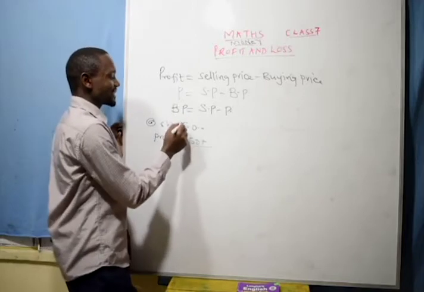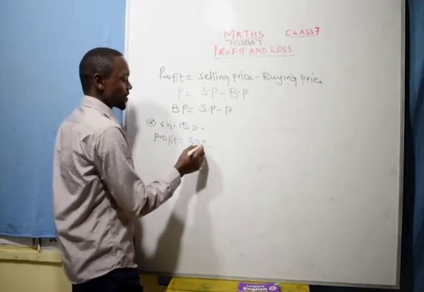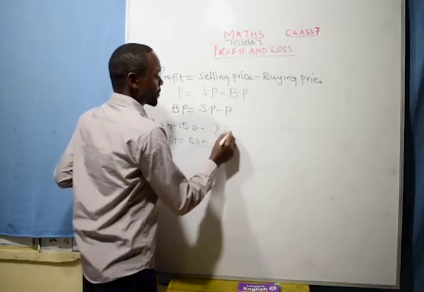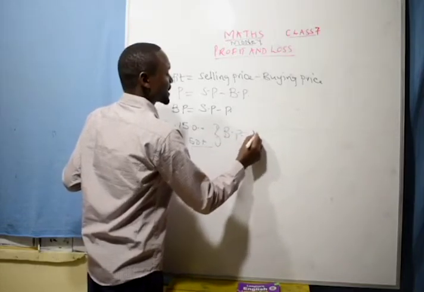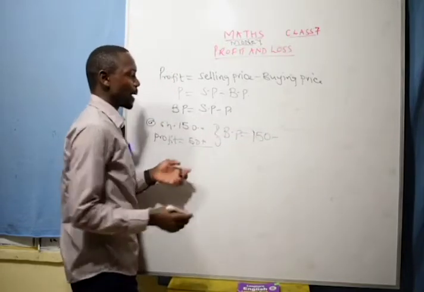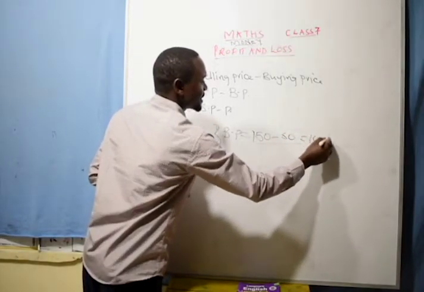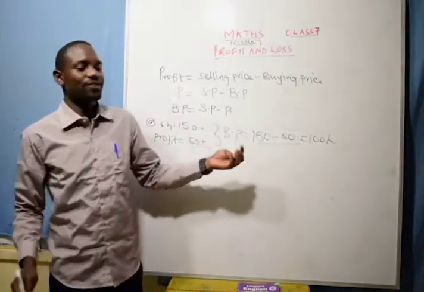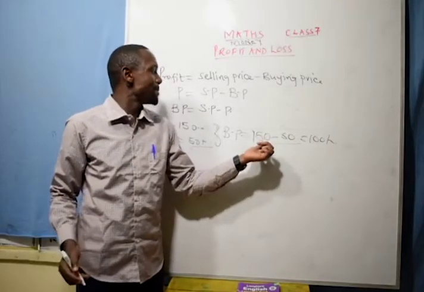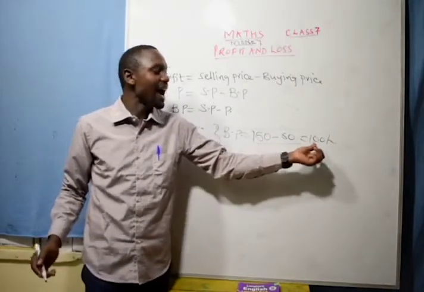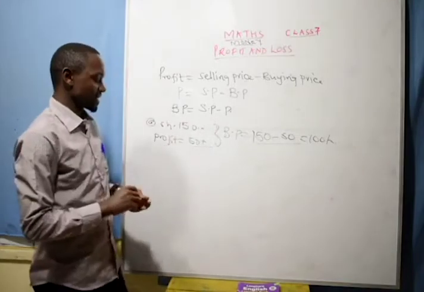We say the buying price is the selling price minus the profit. So in this case, the buying price would be the selling price, that is 150 shillings, minus a profit of 50 shillings, which is 100 shillings. You realize that in case of a profit, the selling price is higher than the buying price.